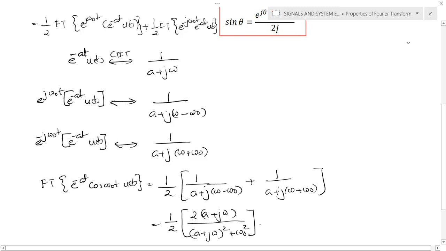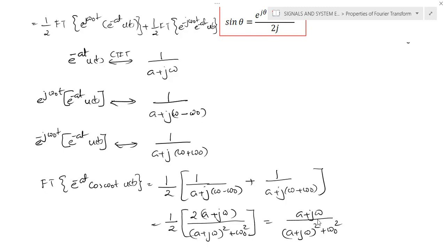And finally you can conclude, 2 will be cancelled, simply a plus j omega divided by a plus j omega the whole square plus omega 0 the whole square. So this is the transform of the signal e raised to minus at into cos omega 0 t into u of t. This is also a standard signal. You can remember this result.